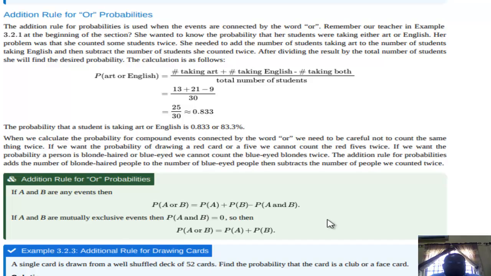The formula is: probability that A occurs plus probability that B occurs minus probability that A and B occur. This is the formula you will use. If A and B are mutually exclusive events, then the probability of A and B is going to be 0, because the two of them cannot occur at the same time.